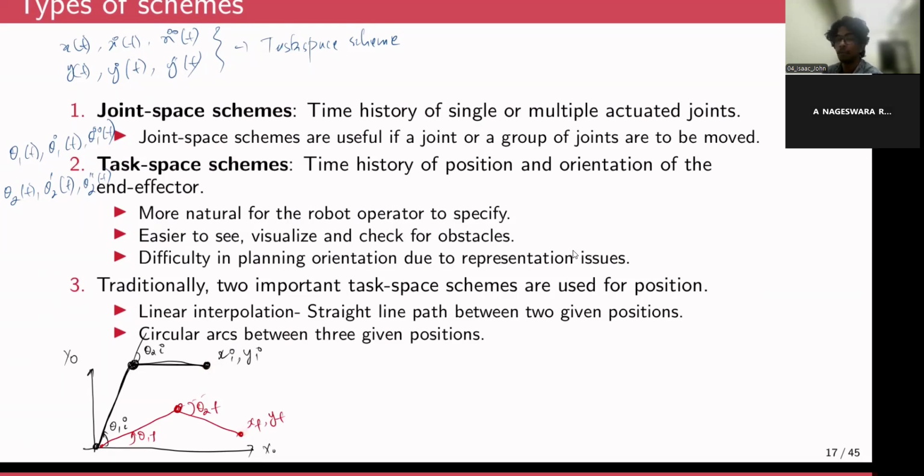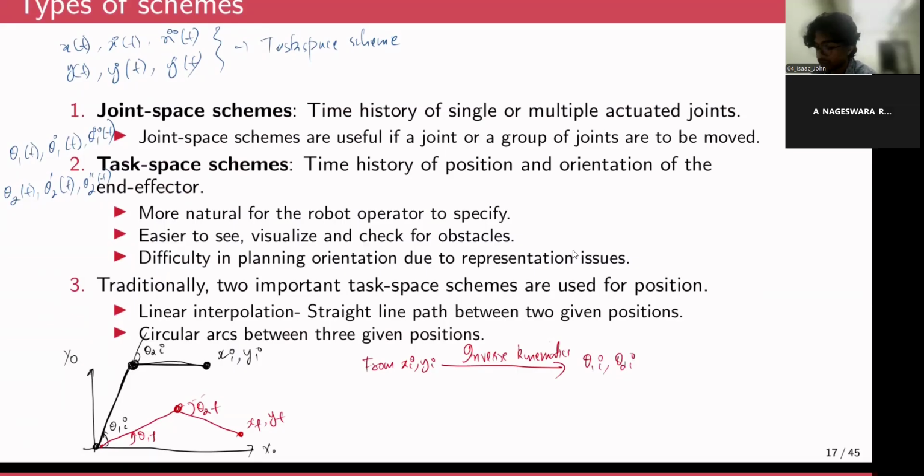So to plan the trajectory, from xi, yi you perform the inverse kinematics, and then you find theta 1i and theta 2i.